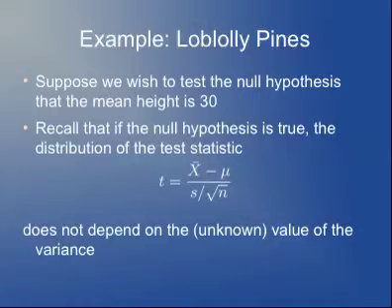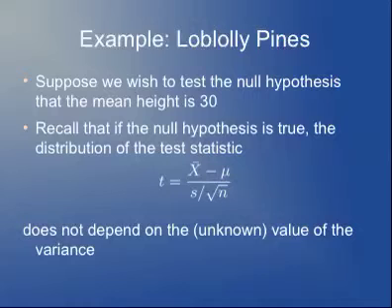So let's go back to our loblolly pines example. We want to do a one-sample hypothesis test of the null hypothesis that the mean height of the pine trees is 30. And we've shown previously that if the null hypothesis is true, then the test statistic, the sample mean minus the hypothesized mean divided by the sample standard deviation over root n, will not depend on the unknown value of the variance.